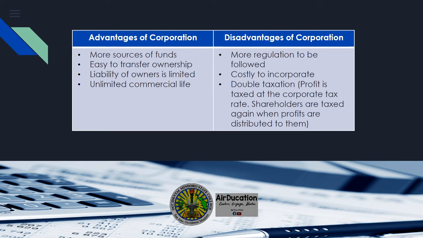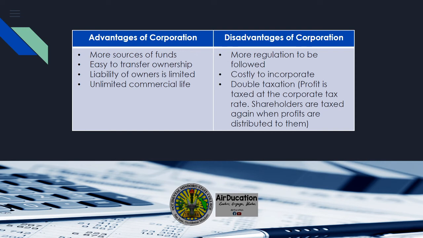And since this is a very large business, it is costly to incorporate. Double taxation as well, because profits are taxed at the corporate tax rate and shareholders as well are taxed when they receive their dividends. Okay?